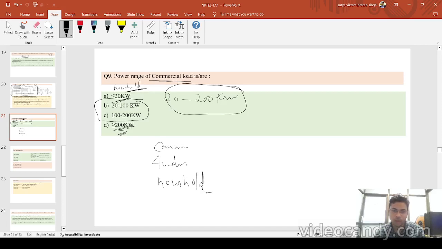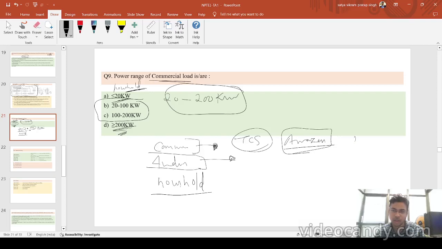By your intuition also, the industry will require a higher amount of power than commercial. What kind of commercial? Suppose there are TCS companies, which are a kind of commercial system. Amazon companies have headquarters, which are also commercial.